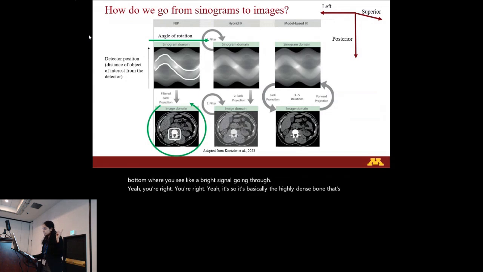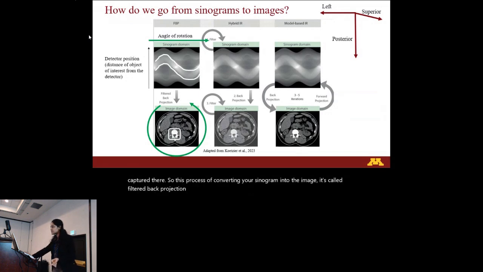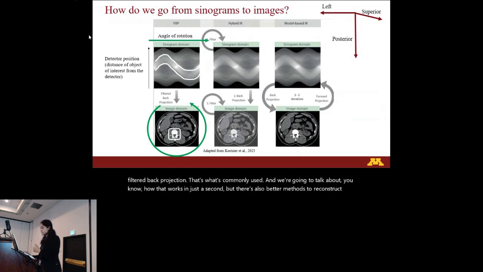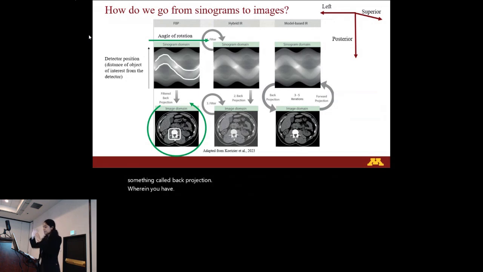So this process of converting your sinogram into the image is called filtered back projection. That's what's commonly used, and we're going to talk about how that works in just a second. But there are also better methods to reconstruct your image from the sinogram, which you see in the next two columns. There's back projection, wherein you have filtering in the specific domains.